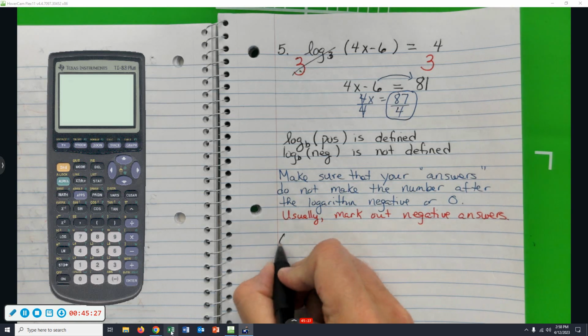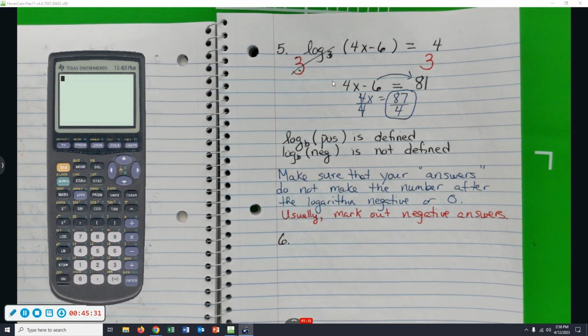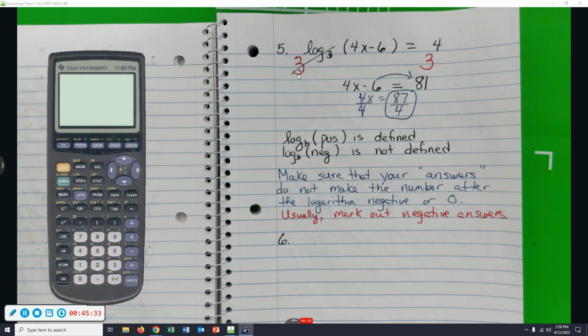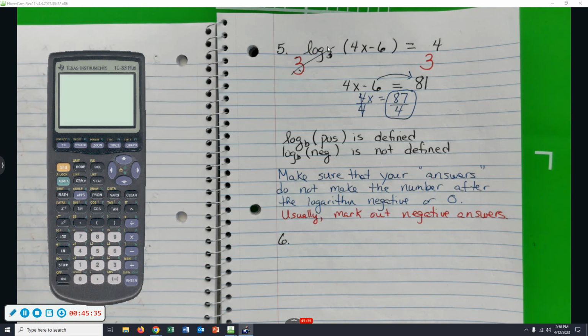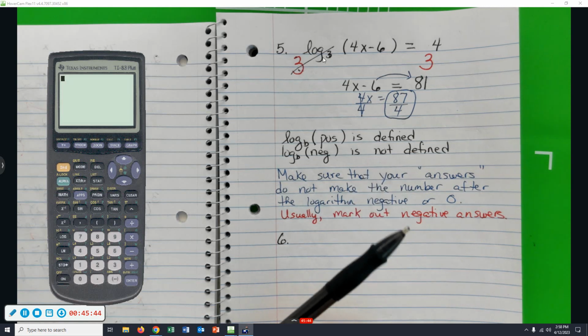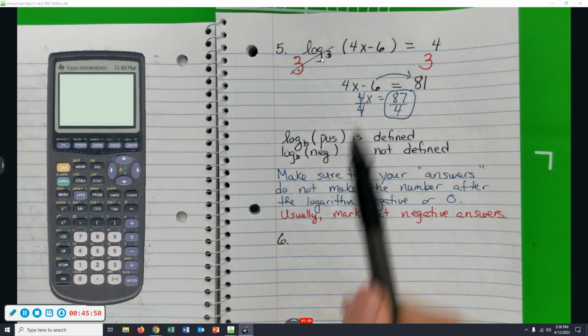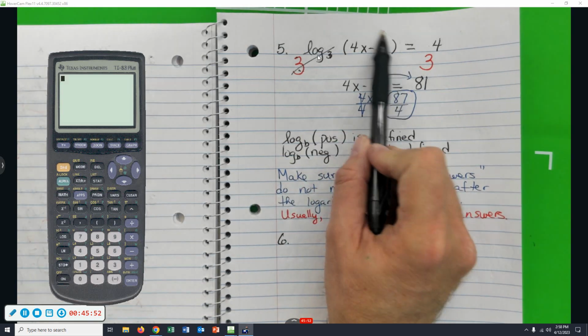Let's do number 6 and see if there's one that we can mark out on that one. But realize this idea of introducing a common base and canceling out a logarithm only works if the base and the logarithm are consecutive. You can't have another logarithm stuck over here on the left side of the equal sign, which means it can only be one logarithm on each side.